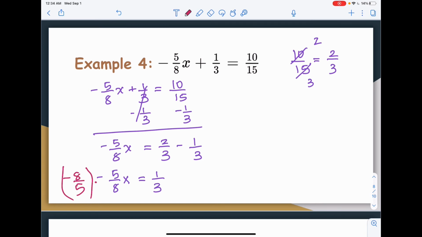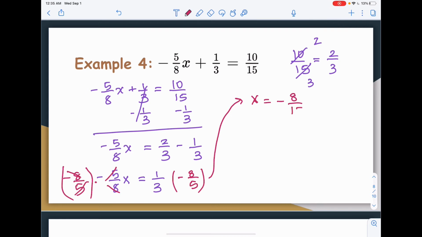And let's multiply the other side by negative 8 over 5 also. And cross cancel here, negative times negative is positive. So from here, x is equal to negative 8 over 15.